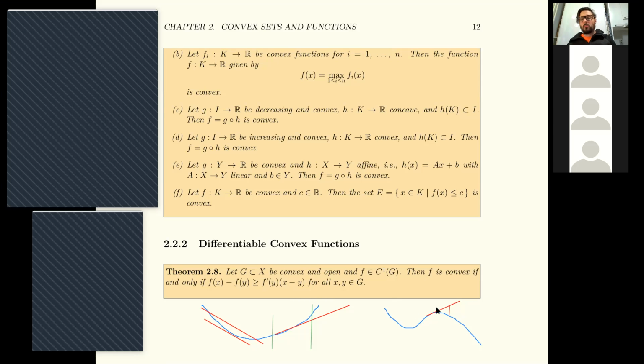And a situation where it's not true is where it just bends downwards from those tangents.